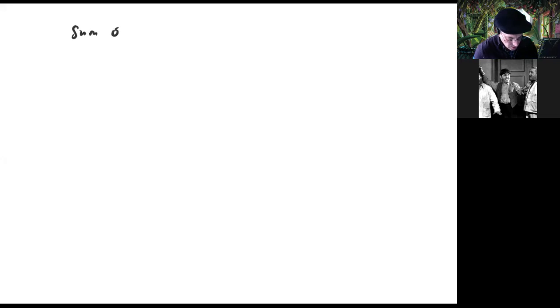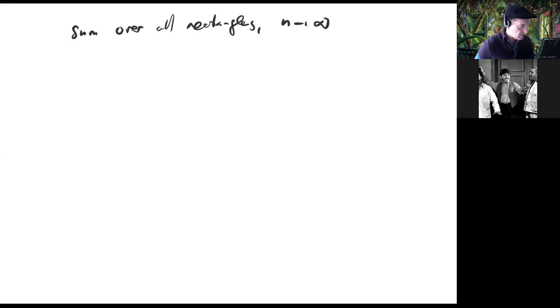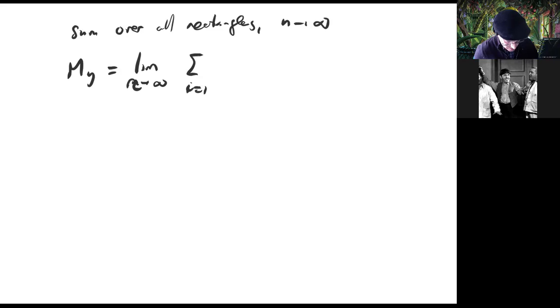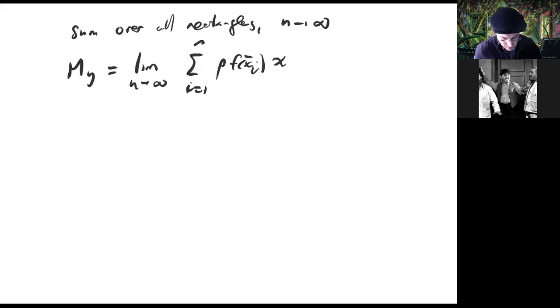If we sum over all rectangles and take n going to infinity, the number of rectangles going to infinity, then the moment about the y-axis is the limit as n goes to infinity of the sum over i going from 1 to n of rho f of x_i bar times x_i bar times delta x.